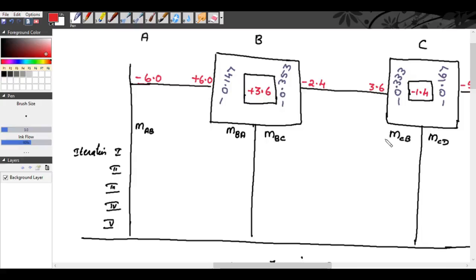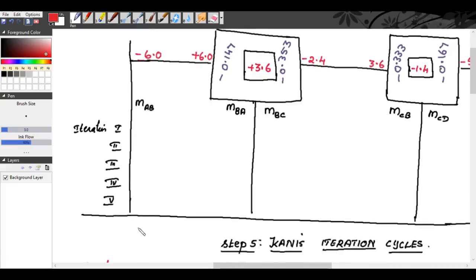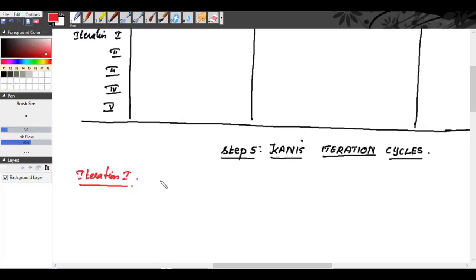So MCB is equal to the restrained moment at C, MFC, what we have found in our third step, the resultant restrained moment, multiplied by the rotational factor RCB.